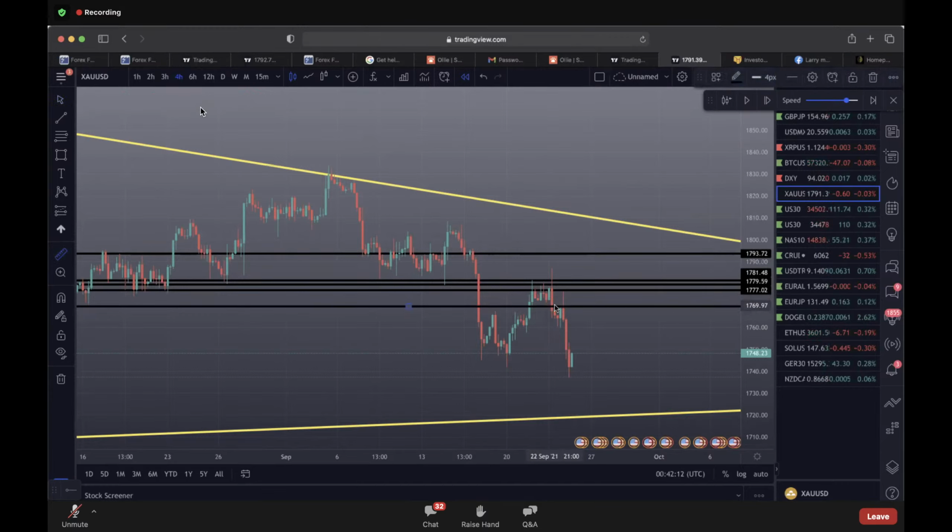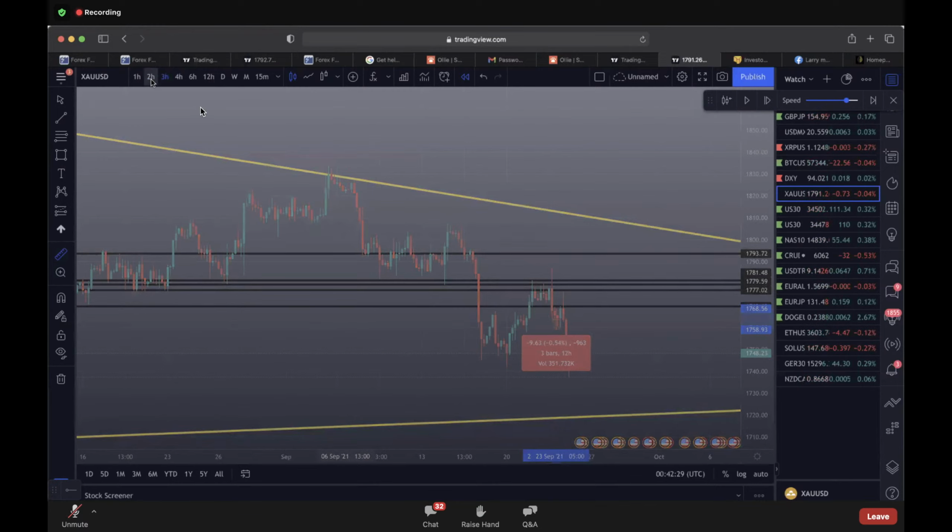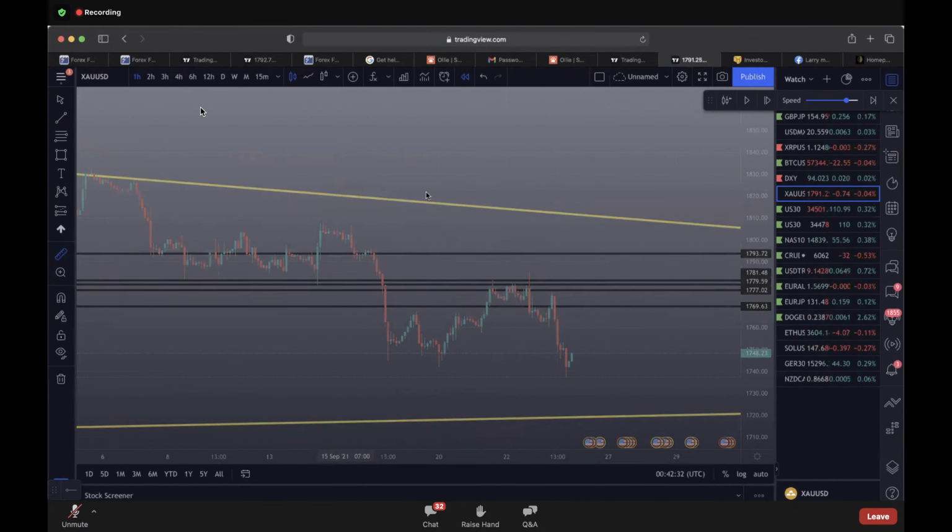Right here is solid. You could take it. Look at that. Actually, it was even more pips. 96 points. Okay. The 17 usually lasts for a very long time, so you could sometimes take it for a long time. But I like to aim for 50 pips the most on 17.